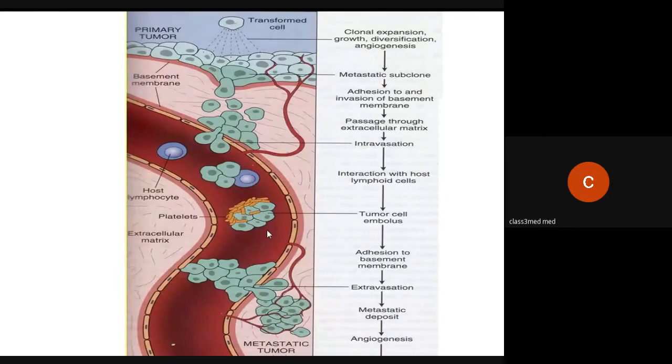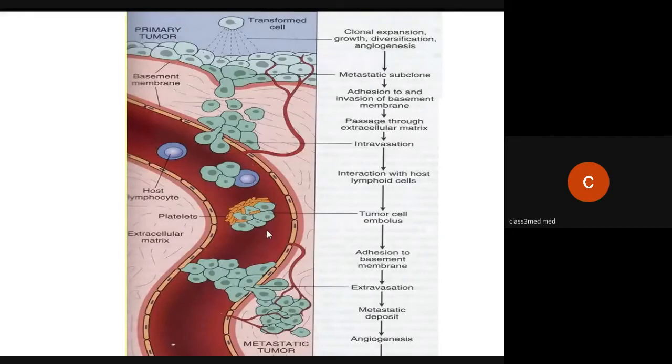Clear? So all these steps of invasion and metastasis require expression and activation of genes in order to produce gene products, proteins, in the form of hormones, growth factors, receptors, and enzymes required to complete this.